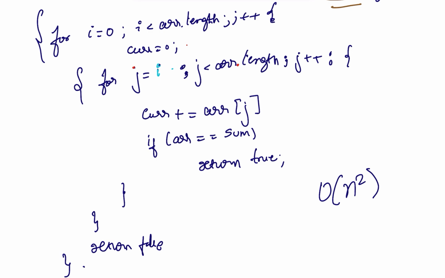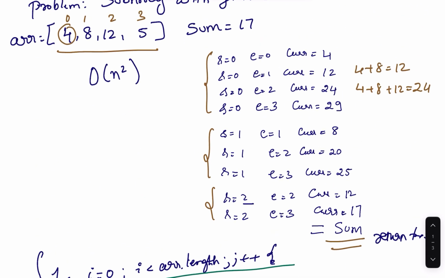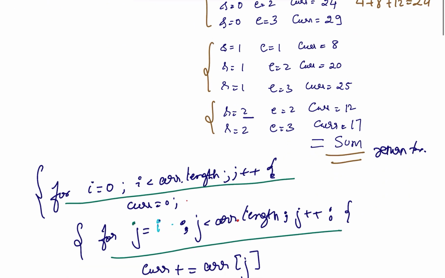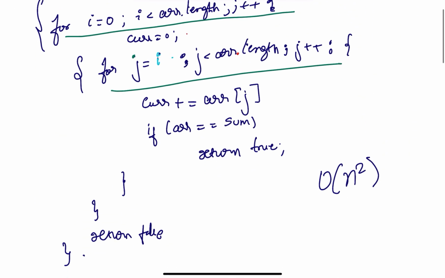Here if you can see, there is one loop and there is another loop. In the other loop, I'm going to start the index from i, so j is equal to i. If i is 1, j is also 1, and it runs until length n. Here we initialize current as 0, and current is equal to current plus array of j.